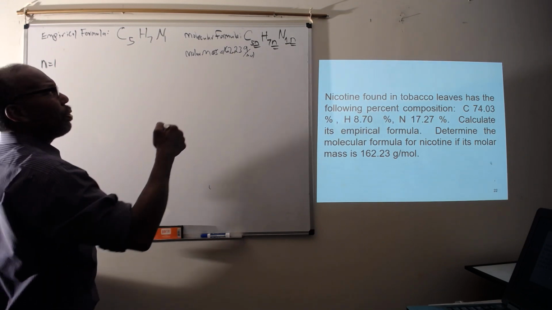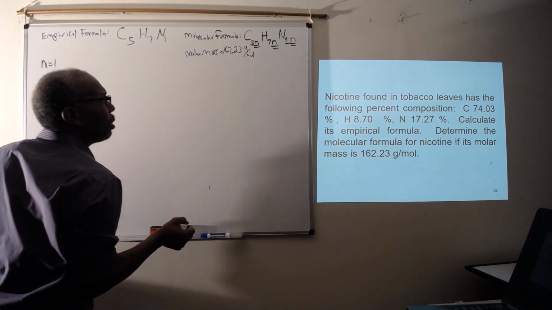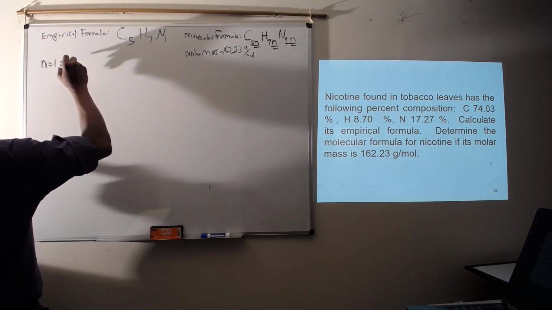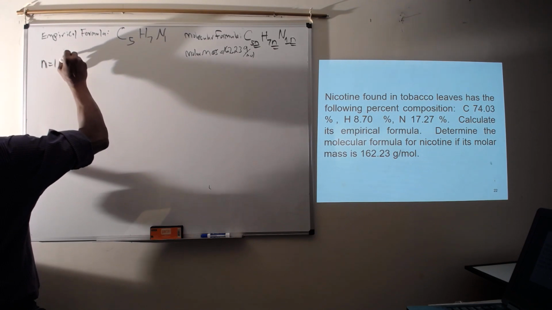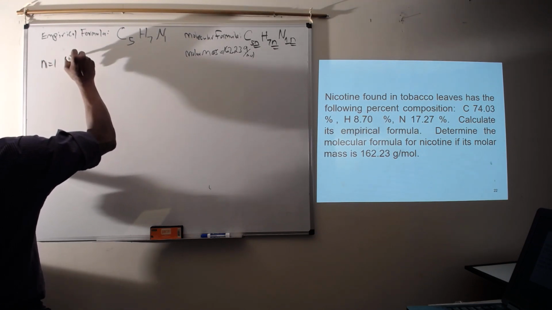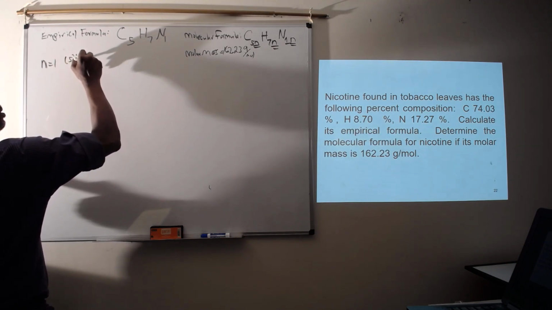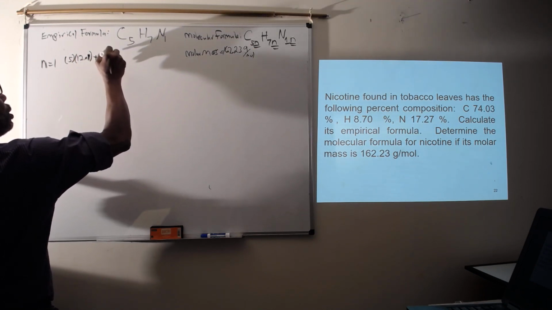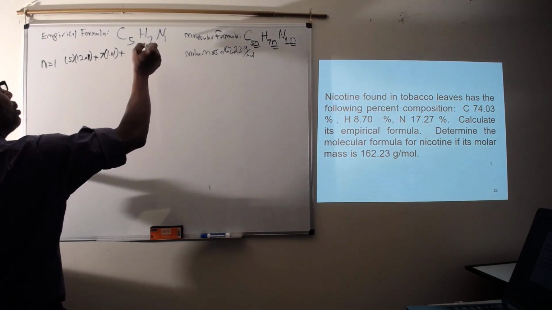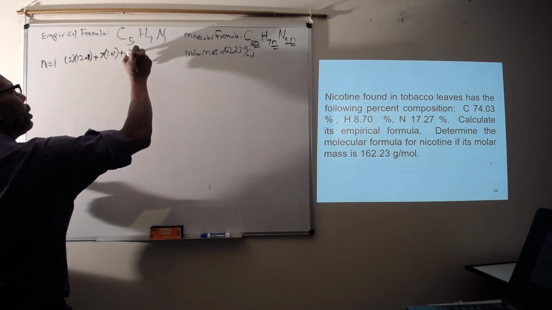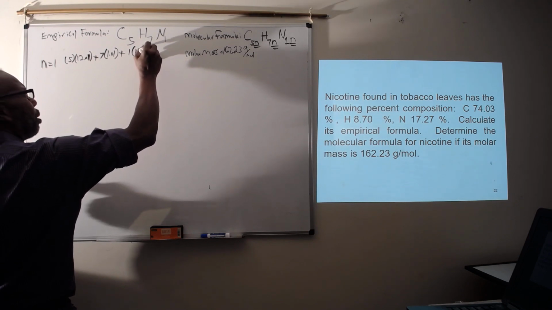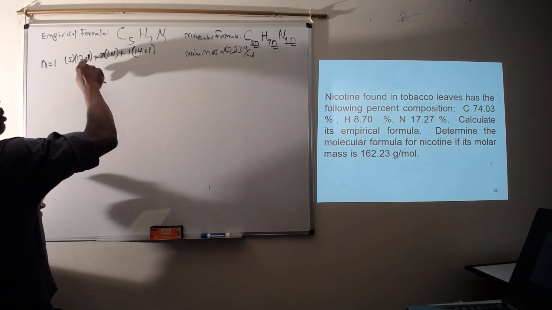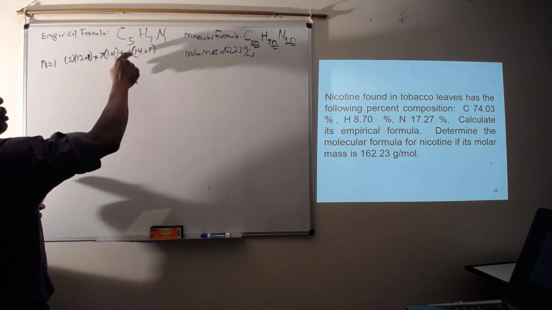So therefore, we can say this will be 5 times carbon 12.01 plus 7 times 1.01 plus 1 times 14.01 for nitrogen. These are the molar masses of each of the elements.